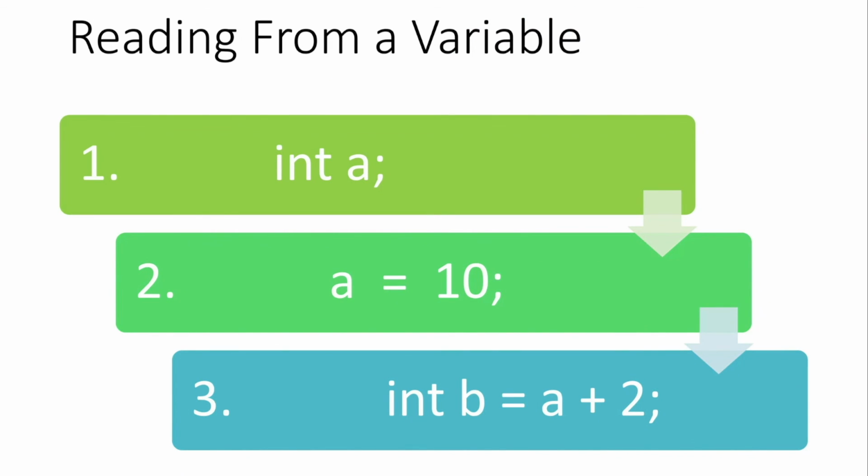Alright, now let's see an example of reading from a variable. This is where you have a variable, you've stored some value in it, and it's like, hey, I need that for something, so give it to me. So in this case, in the first line, you're just defining that int a is a thing, right?